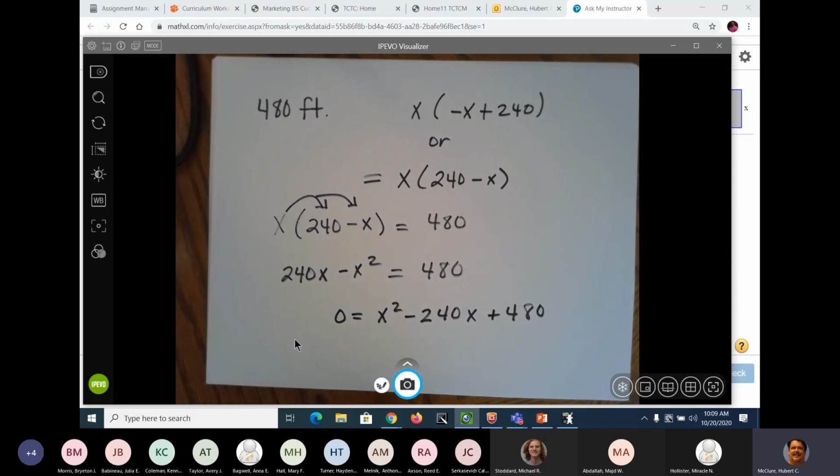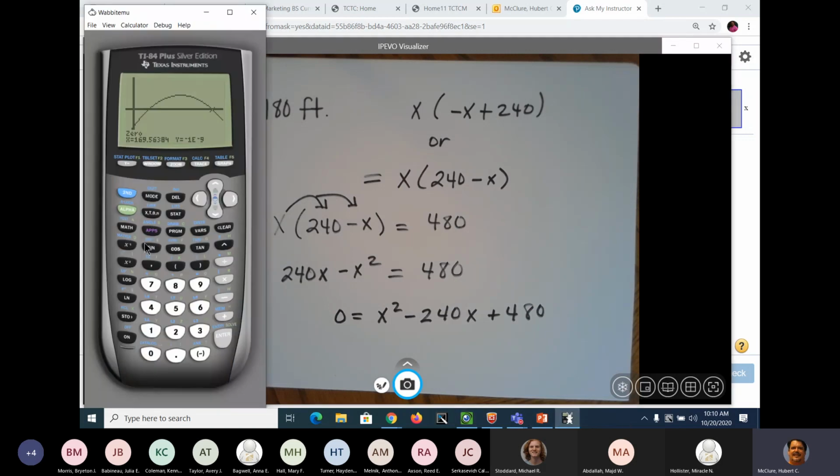And you could graph this if you wanted to. You could use complete the square if you wanted to, but I would graph it. So let's graph it because they're wanting the maximum.